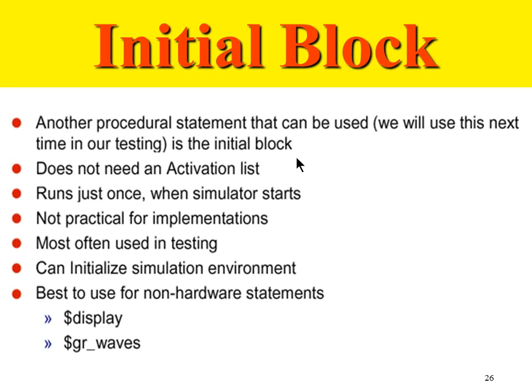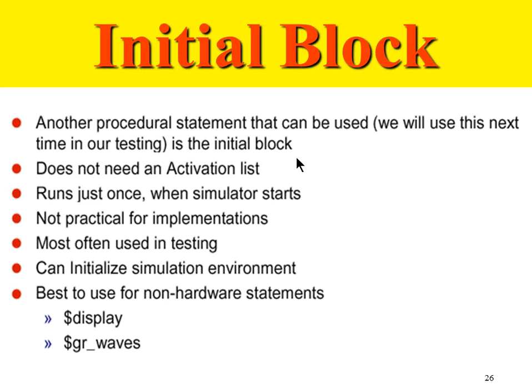I think the initial block should be like a definition of the circuit, like what the circuit is, and the other part that you talked about is where you do the actual working of the circuit. So let's say you have an adder, then the always part is just defining what the circuit should do.